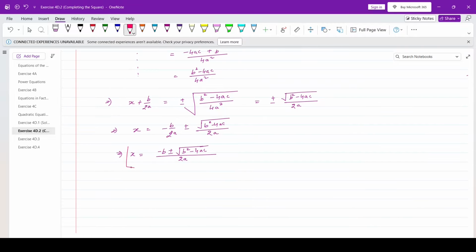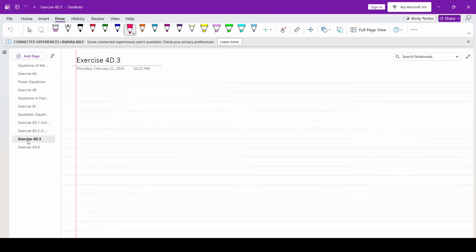Now this is a general solution, and this is also the quadratic equation formula. We have just derived this formula, and this formula is going to be used to solve for x in exercise 4D.3. So let's go to exercise 4D.3.